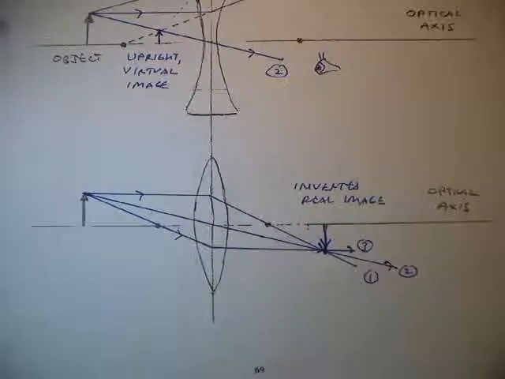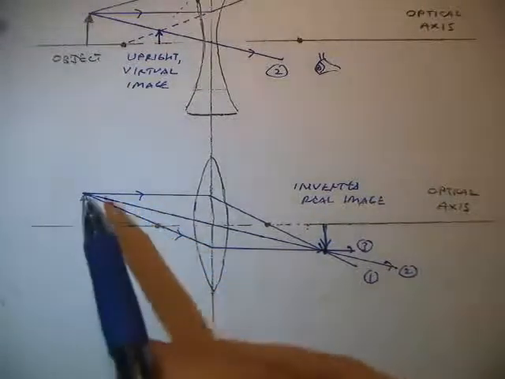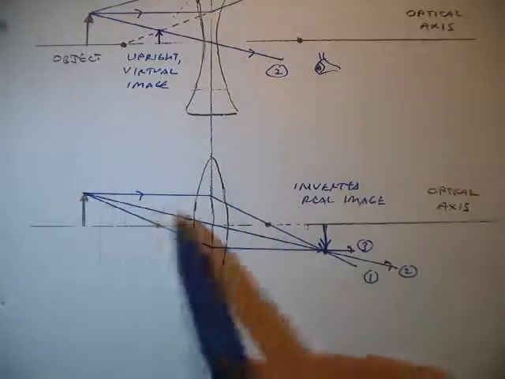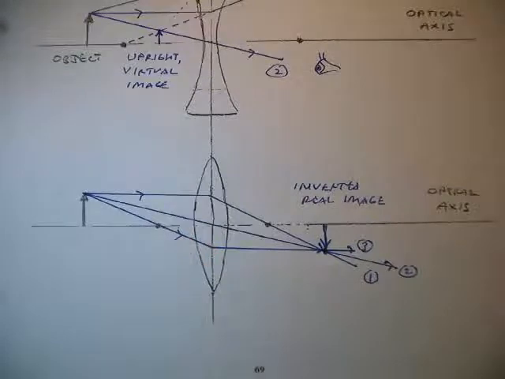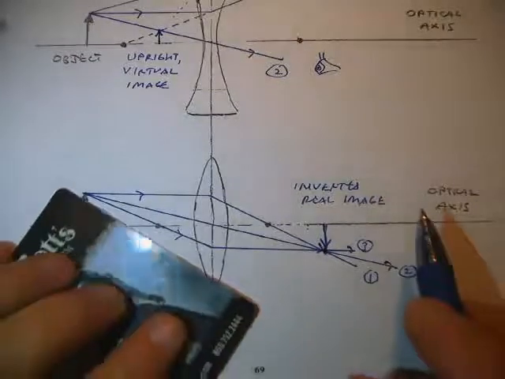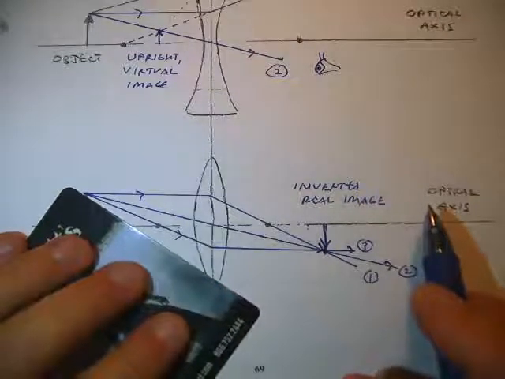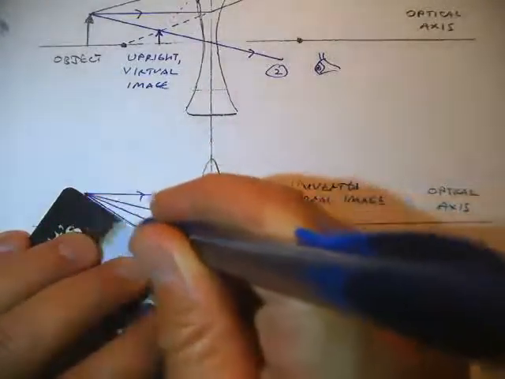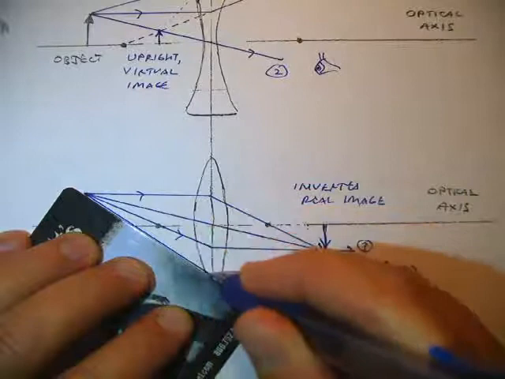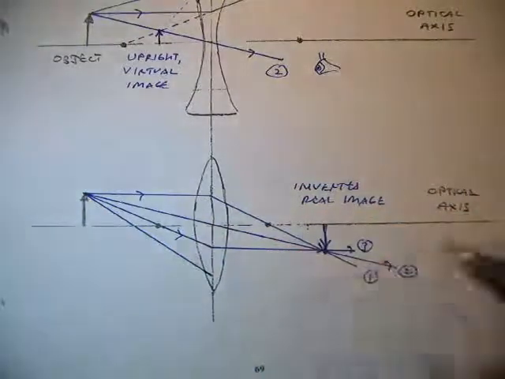Now that we have this, I will show you again that there's actually an infinite number of light rays that come off the top of this. But we happen to pick these 3 because we knew where they were going to go. But now that we know where they go, I could just pick some random light ray. I'm going to pick one that goes down here. Again, I would not have started with this one because there's no way for me to know where it would go until I actually know where the image is.